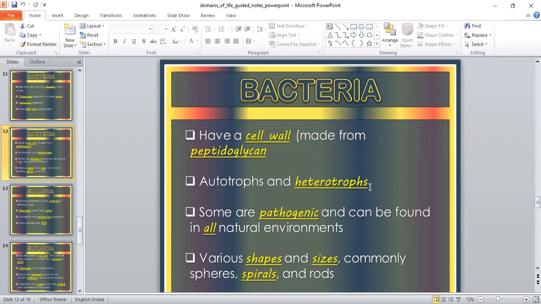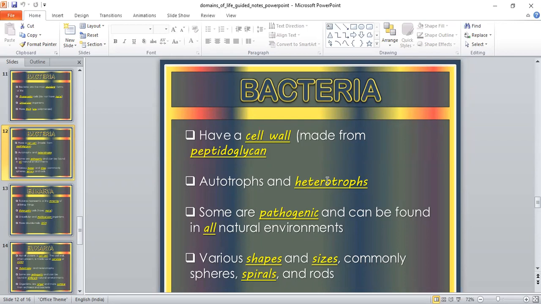They are phototrophic bacteria. Heterotrophic means the bacteria which are dependent on other life forms for their nutrition, and they do not synthesize their own food. So both types of varieties are found in the bacteria, autotrophic and heterotrophic.